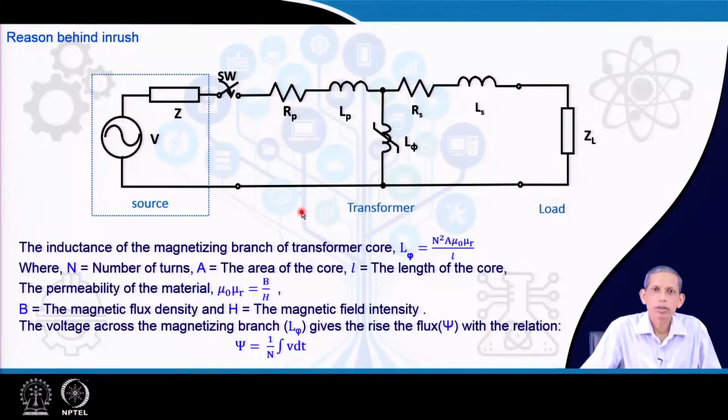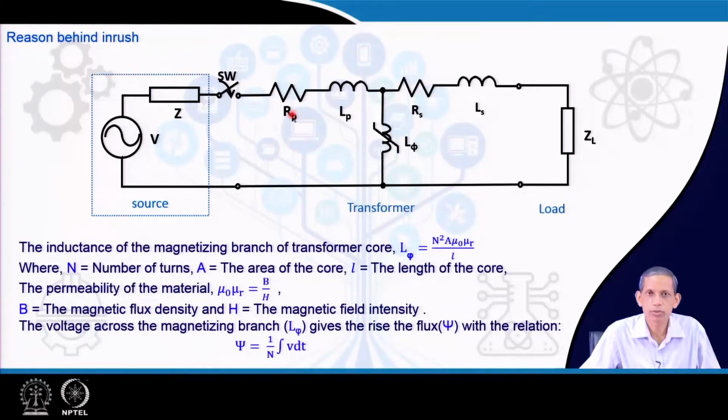Now, we will see why this large current happens during the transformer energization, and we will try to analyze quickly on a transformer case. So, this is a source with its own impedance, the corresponding Thevenin's voltage and Thevenin's impedance. This part is the transformer.